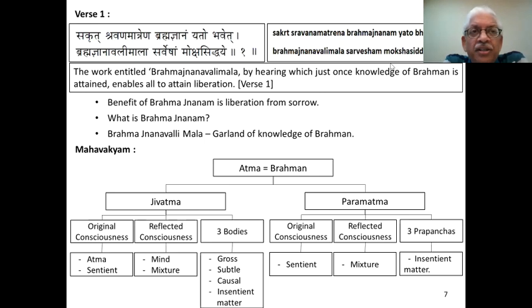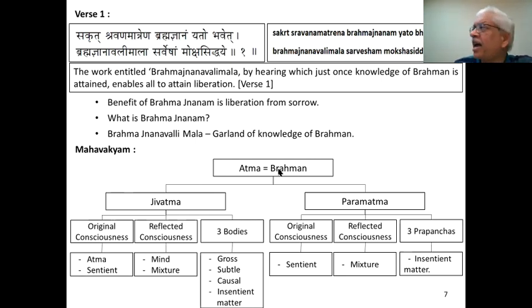That consciousness awareness principle is common. That means in the original consciousness of the Paramatma and the Jivatma, there is unity. There is only oneness. That is why we say Atma is Brahman.